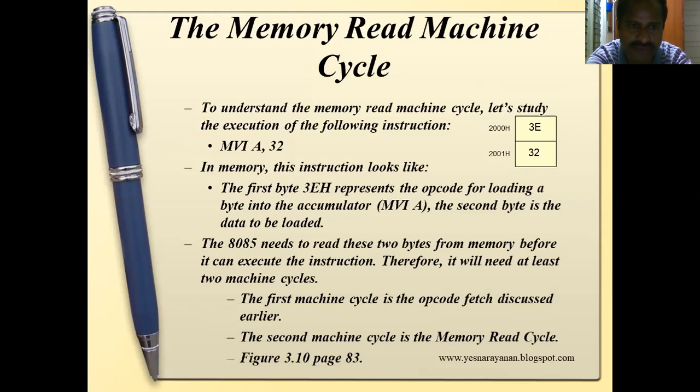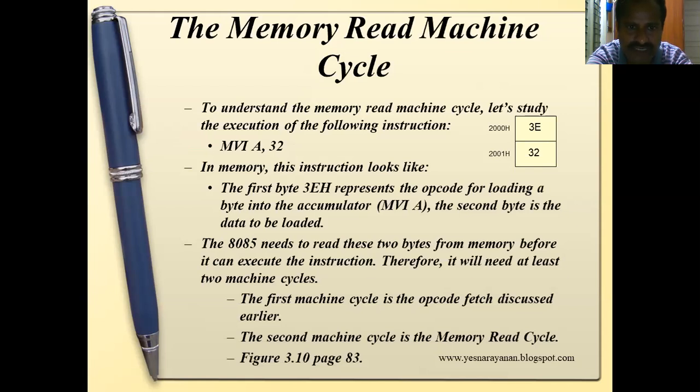That is, MVI A, 32. This instruction says that a constant number 32 is stored in the accumulator.